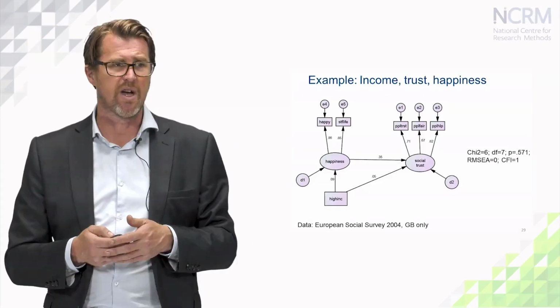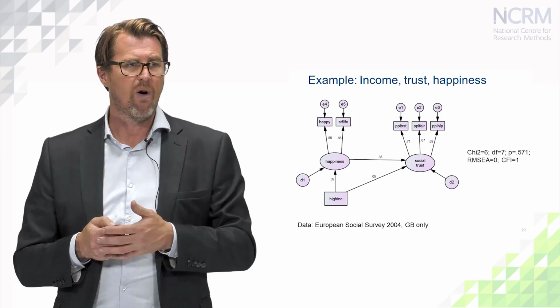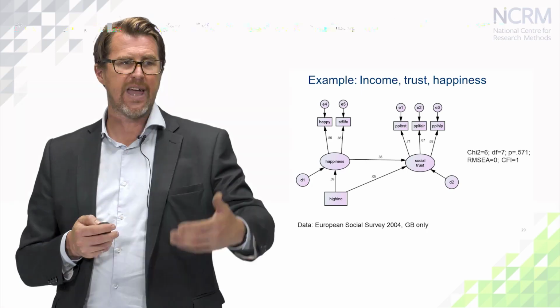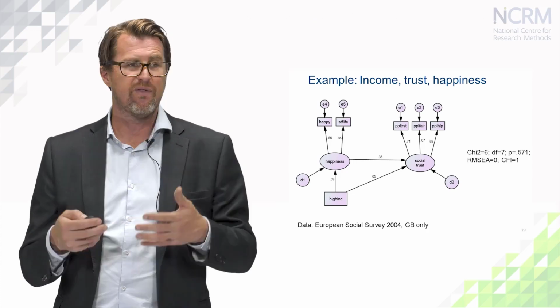Here's an example again using the European Social Survey, an actual model where we are looking at the effect of being in a high income group on your level of social trust, and breaking that down into the direct effect of income on social trust and also the indirect effect through your level of happiness or life satisfaction.